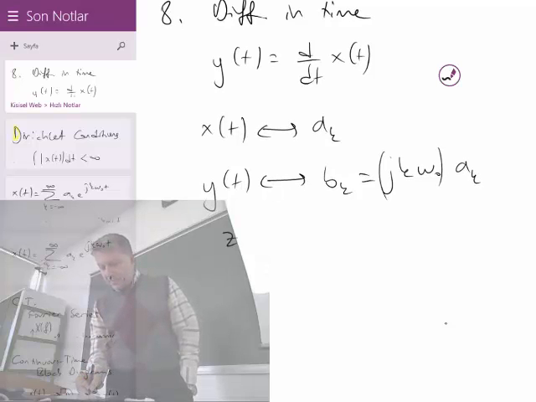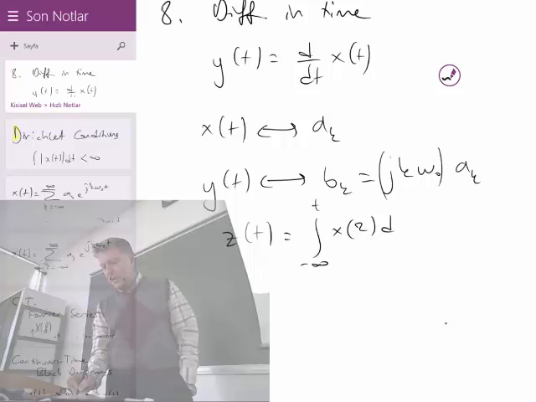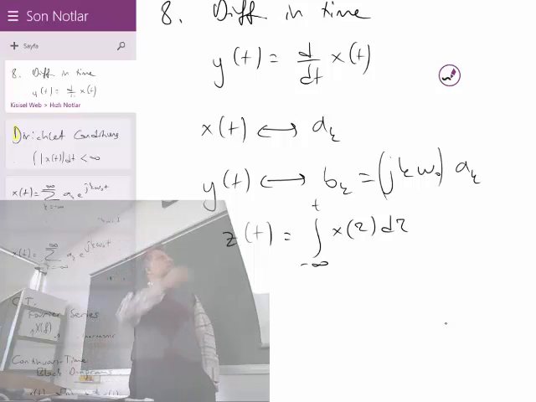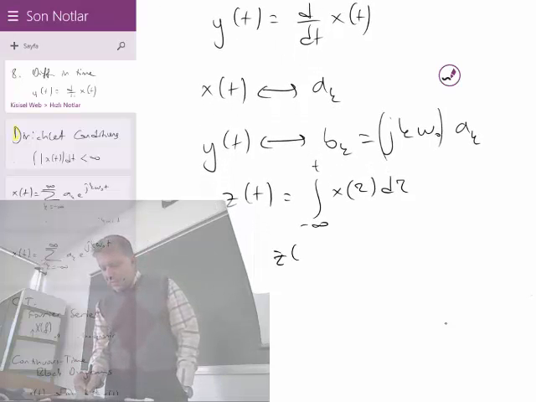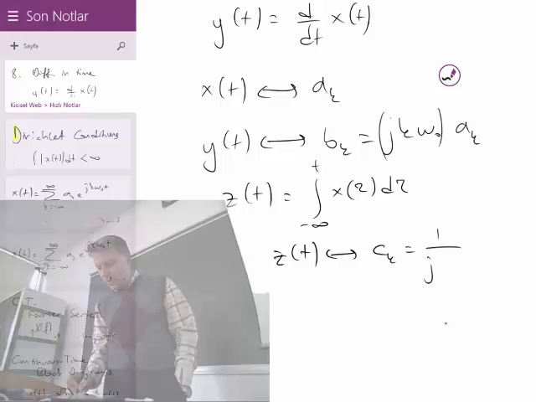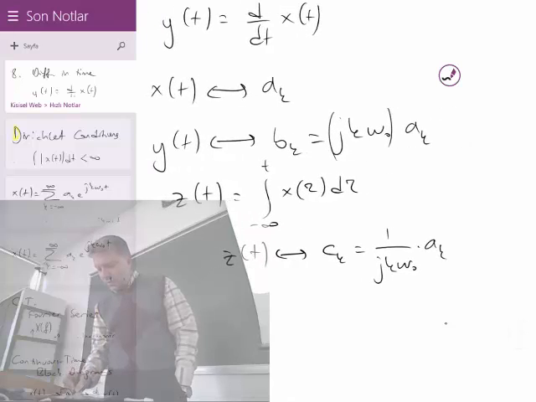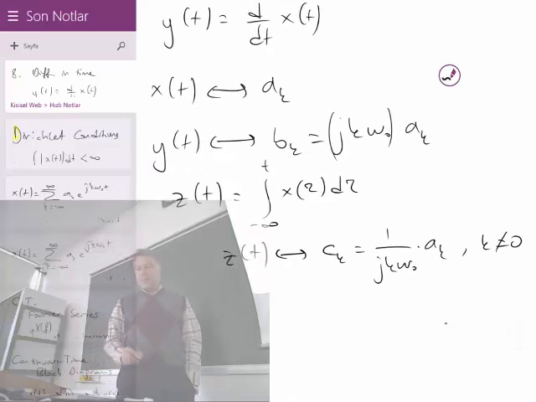If z of t is the integral from minus infinity to t of x of tau d tau, which is the accumulation, that corresponds to the opposite operation of the derivative, then z of t will have Fourier series coefficients c_k equal to 1 over j k omega 0 times a_k, of course for k different than 0, because as you see now k is in the denominator, which imposes a danger for the case of k equal to 0.